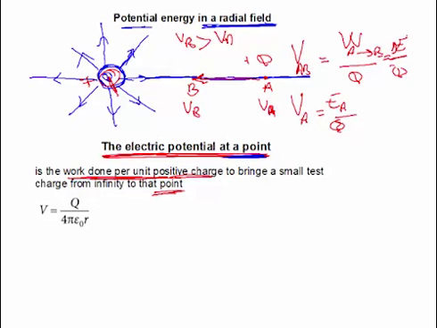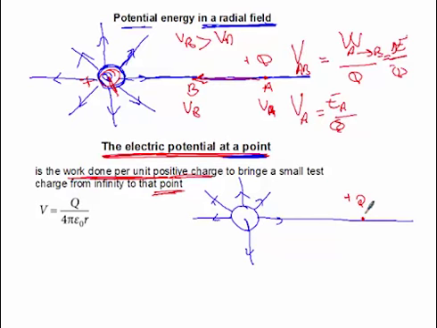Okay? Now, going back to our charge which is causing the electric field. For example, we have a small charge here with a positive sign, q. It has a potential of A here, for example.